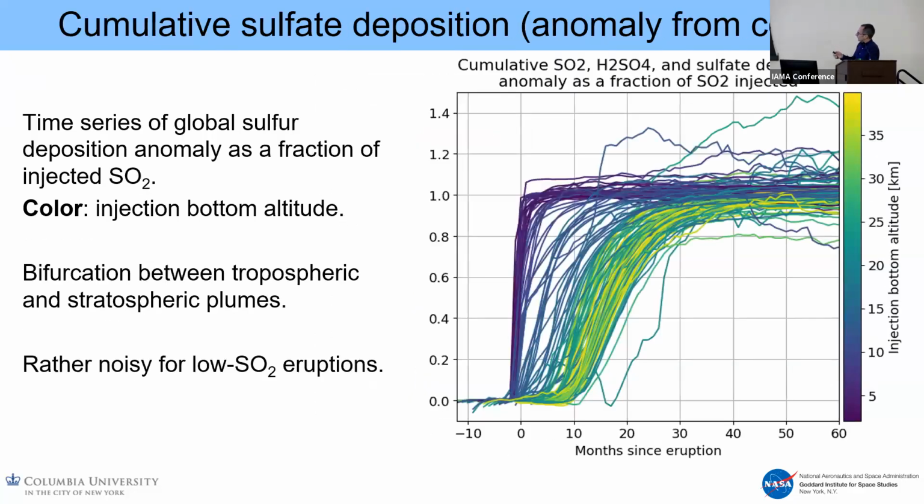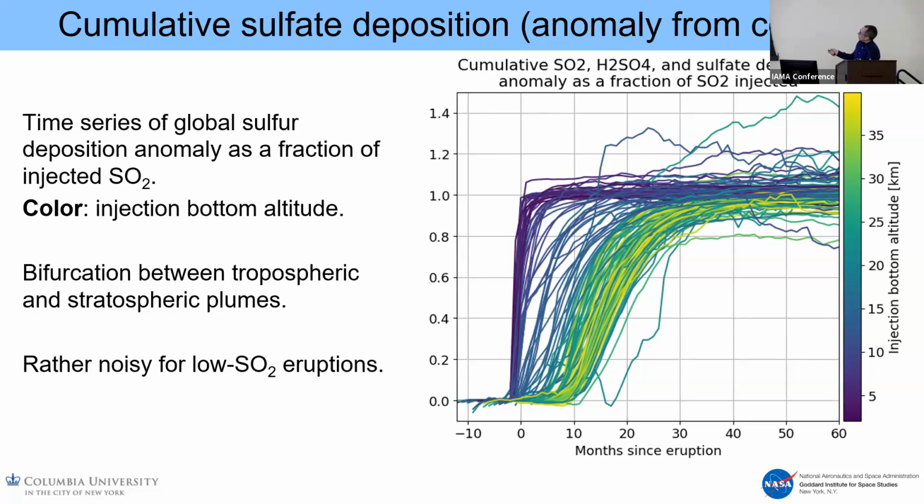And if you see it differently, this is the cumulative deposition of sulfate out of the atmosphere, you see that much more clearly: everything deposits super quickly when the injection happens in the lowest part of the atmosphere, so inside the troposphere where removal is quick.